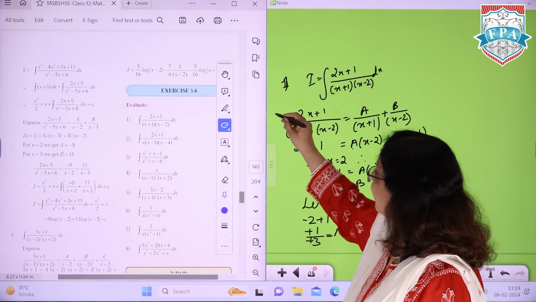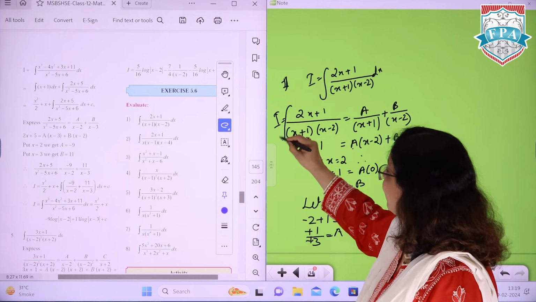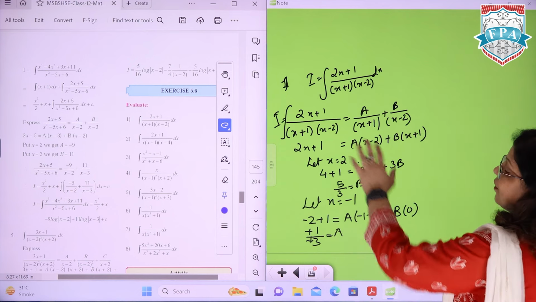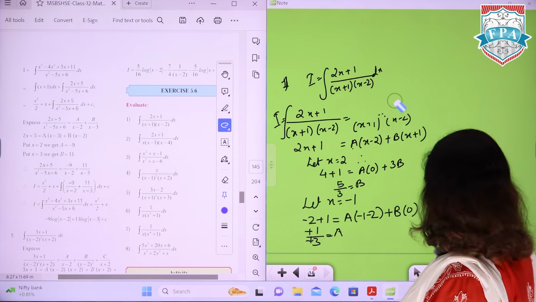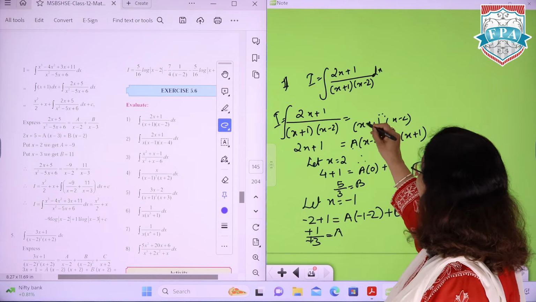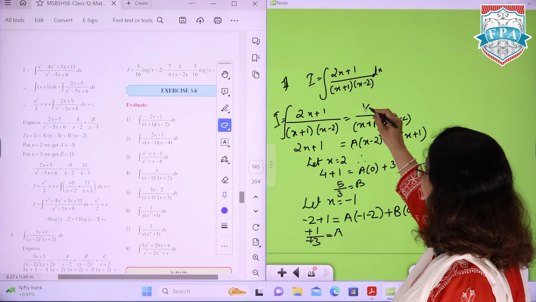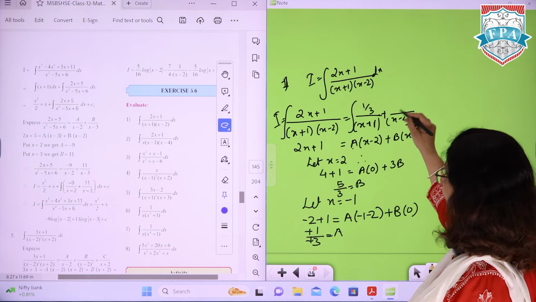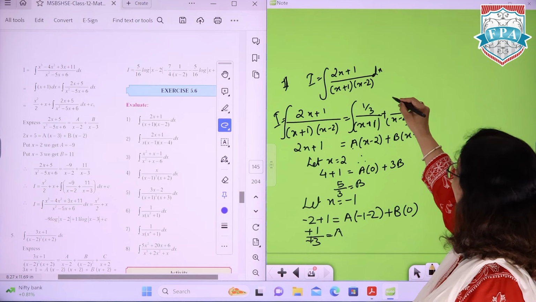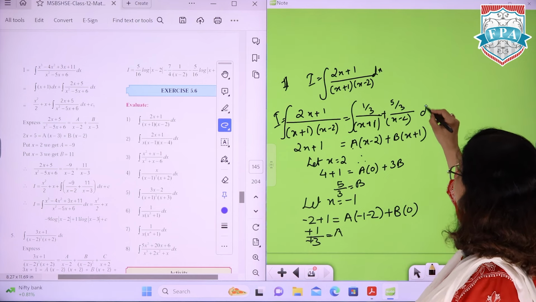The same integration you will write below, you will not change it. This integration is now equal to, in place of A we write what we calculated, which is 1 by 3, and in place of B we write what we calculated, that is 5 by 3, and dx.